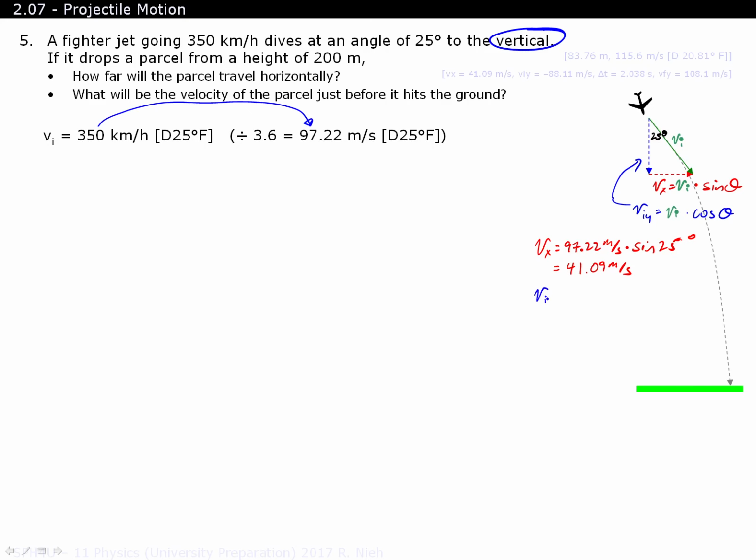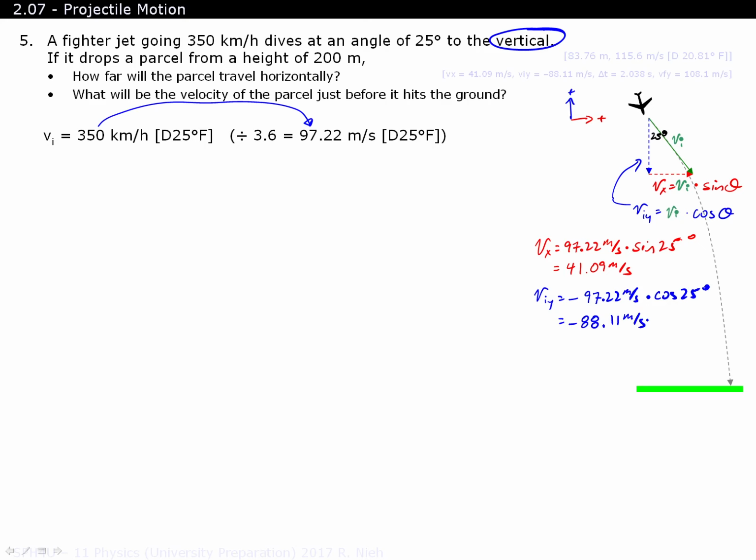And our Vi in the y dimension, if we assume upwards as positive and towards the right as positive as well, then Viy technically is equal to the negative of the hypotenuse of 97.22 meters per second times the cosine of 25 degrees. That way it'll give us an answer of negative 88.11 meters per second. So its initial velocity is pointing downwards.